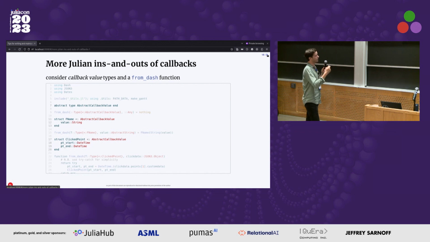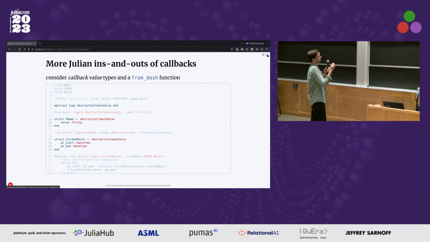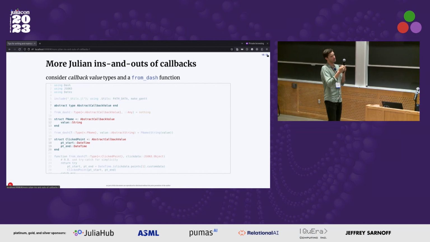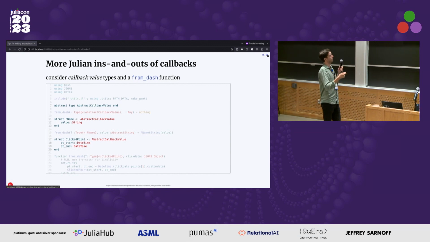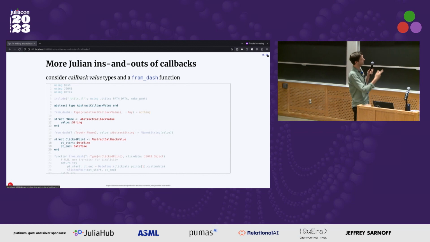And then the concrete types will be just wrapper structs around the values that we're going to use. In our app, we're using the file name, so this is fname, and we're using the bar that we clicked on. Click bar would be a better name, actually.